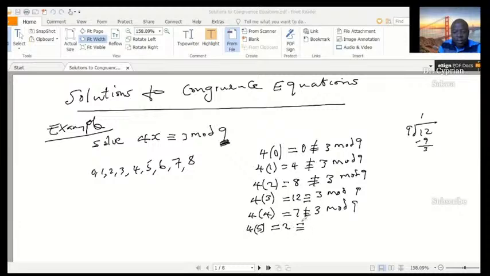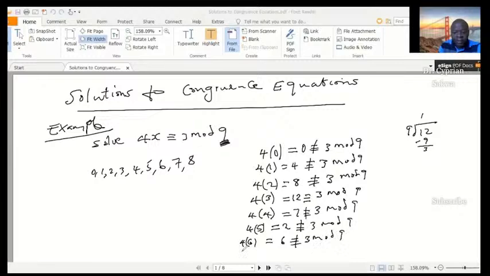And 2 is not congruent to 3 mod 9. And then 6, that will be 24. 9 into 24, it will go there twice because of 18. And so the remainder will be 6. And 6 is not congruent to 3 mod 9.